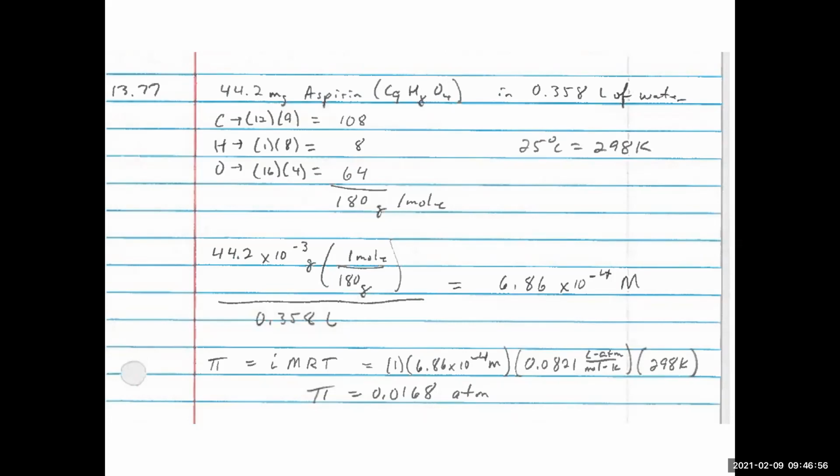I have my molarity, which I calculated up here, the 6.86 times 10 to the minus 4th. And then I have my ideal gas law constant, my old friend, 0.0821, and that's liters, atmospheres, moles, Kelvin. Remember, my units are going to cancel out.